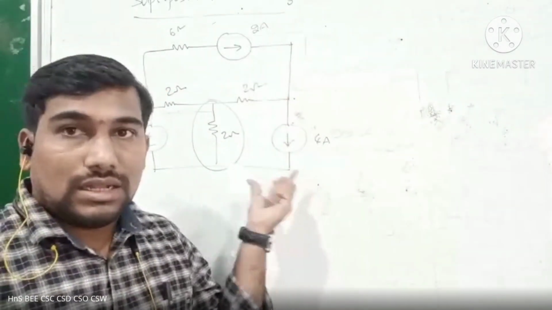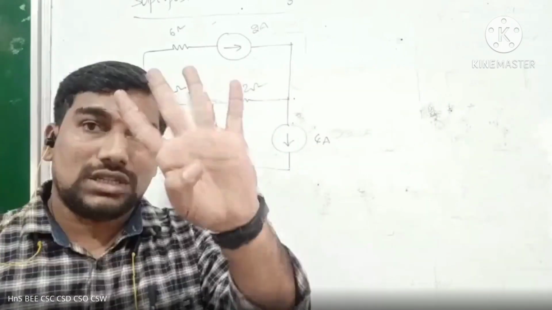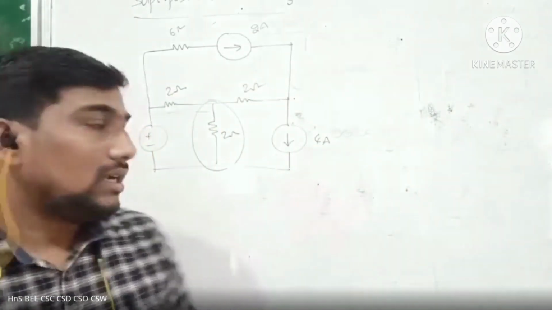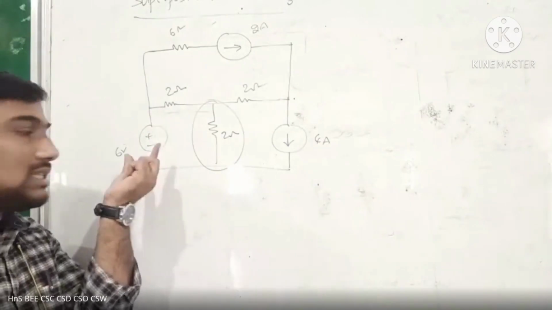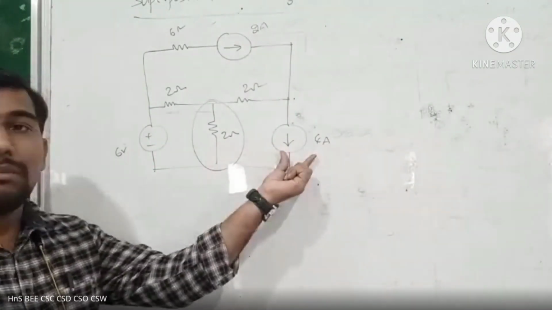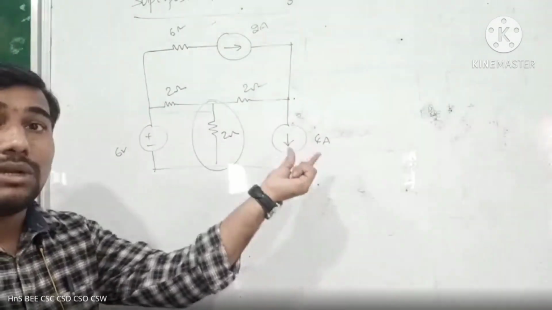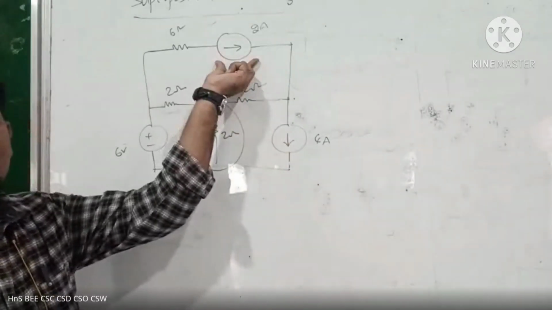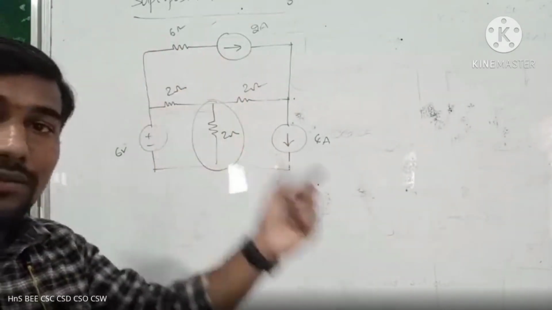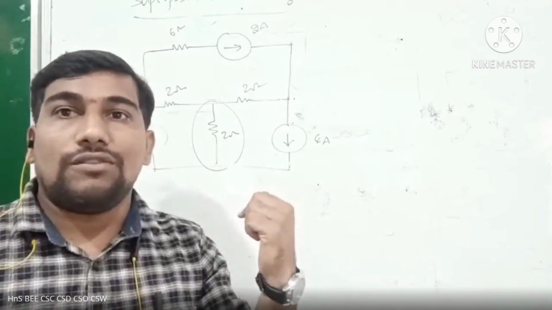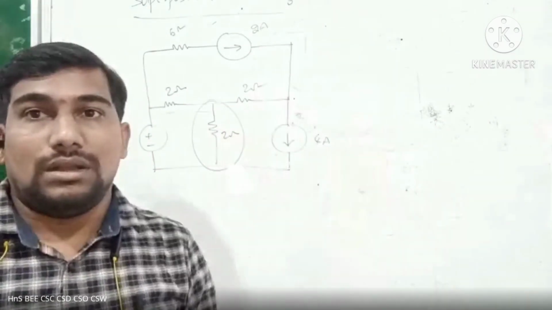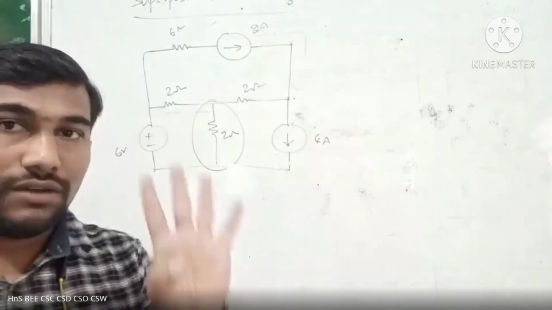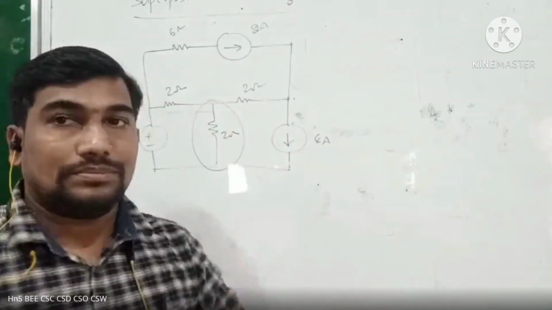That's why in our given question there are 4 steps. If one source is activated, that is step number 1. If another is activated, that is step number 2. If another source is activated, that is step number 3. In step number 4, it is a combination of all currents.